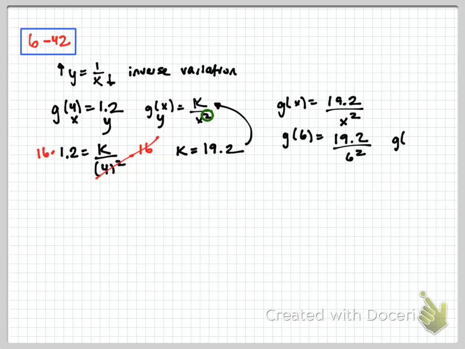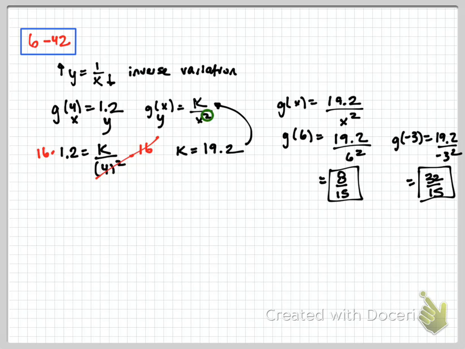And then we'll do the same thing with negative 3, 19.2 over negative 3 squared, and the two solutions are 8 over 15 reduced, and the other is 32 over 15, if you were to reduce both of them.